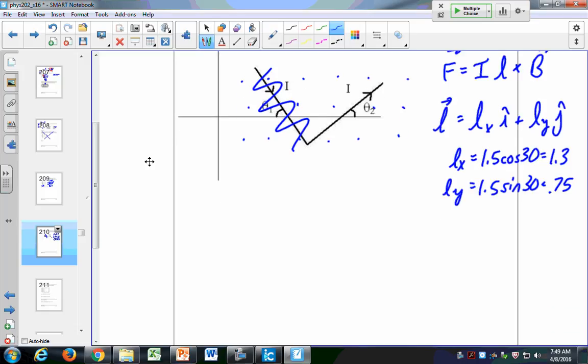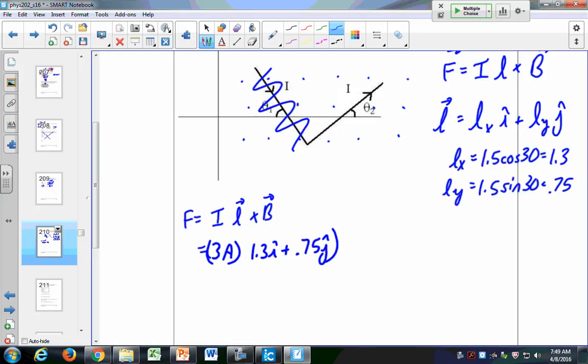And now it's just like we've been doing already. So I just say that F is equal to IL cross B. I is 3 amps. Remember, that's a scalar quantity. L is 1.3I plus 0.75J.